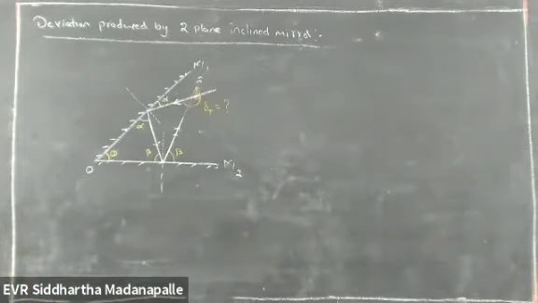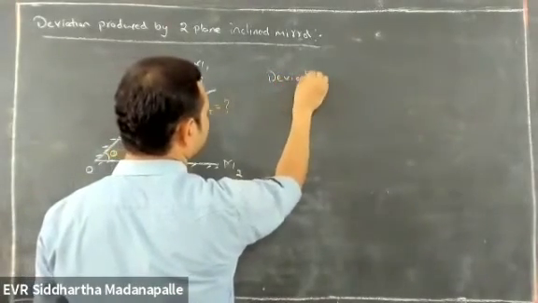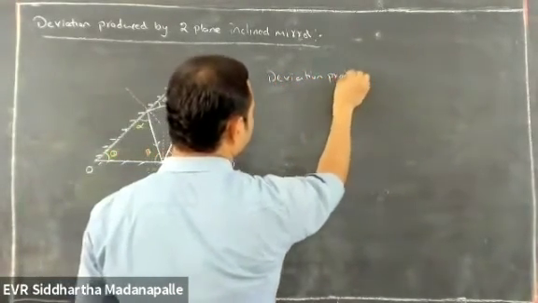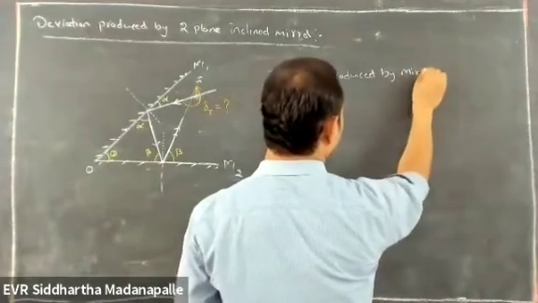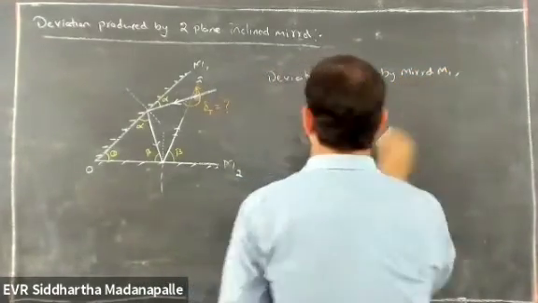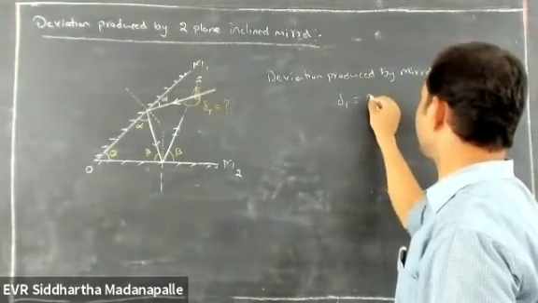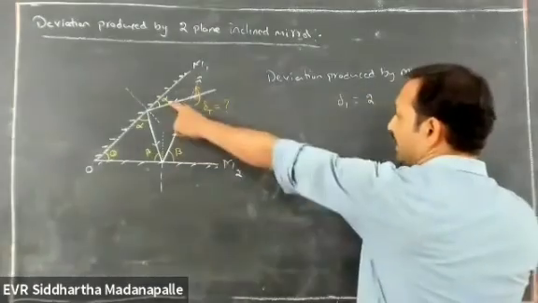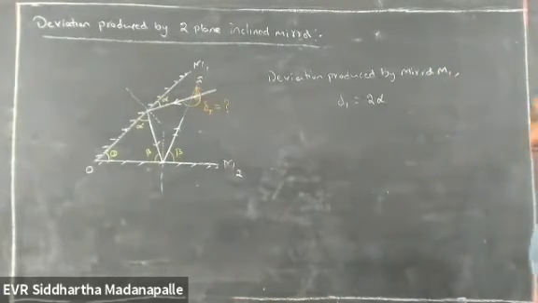Now what is the deviation produced by the mirror M1? Let us consider it as delta 1, which is equal to 2 times the glancing angle, alpha. So delta 1 is equal to 2 alpha.